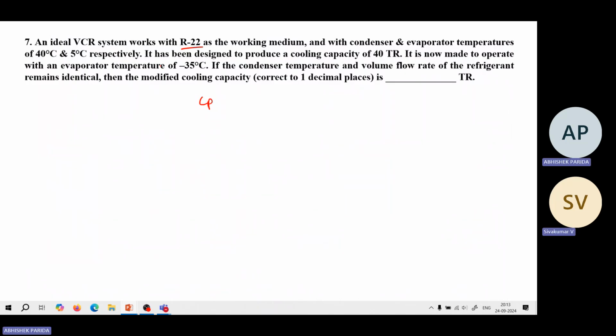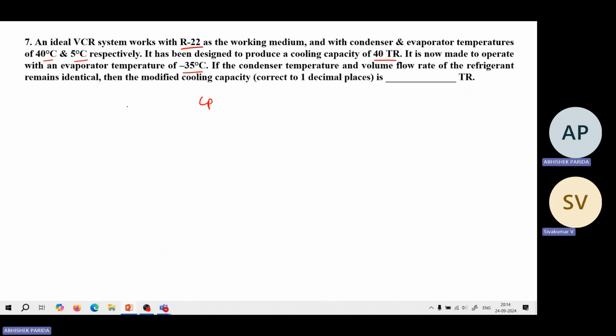Okay. An ideal VCR system works with R22 as the working medium and with condenser and evaporator temperatures of 40 degrees Celsius and 5 degrees Celsius respectively. It has been designed to produce a cooling capacity of 40 T. It is now made to operate with an evaporator temperature of minus 35 degrees Celsius.